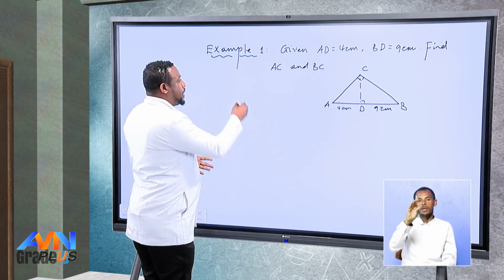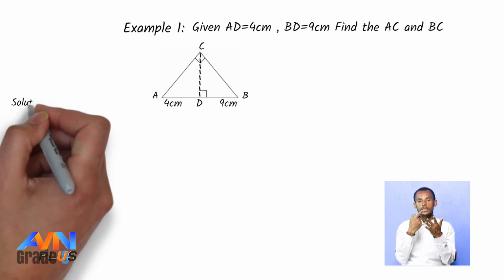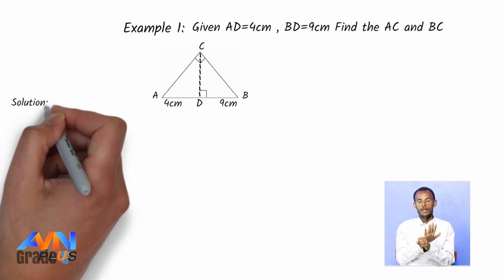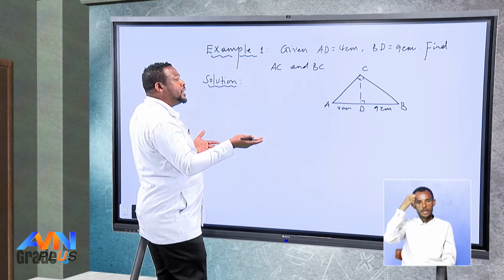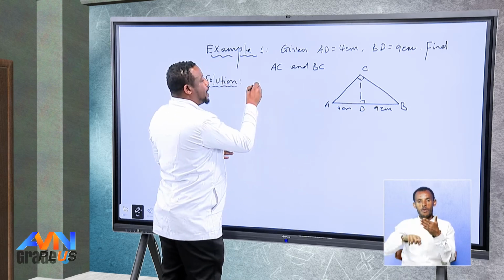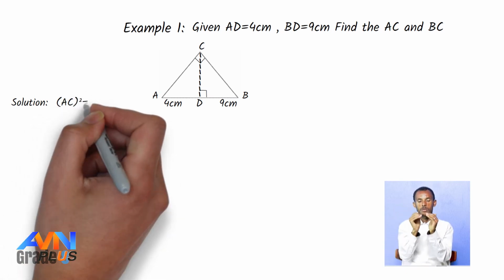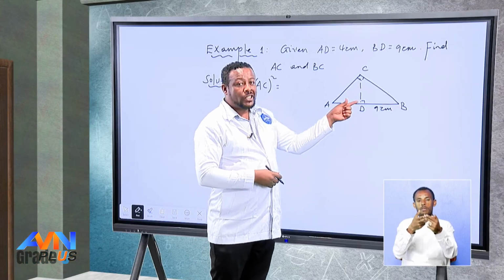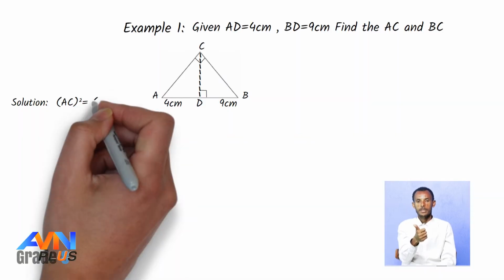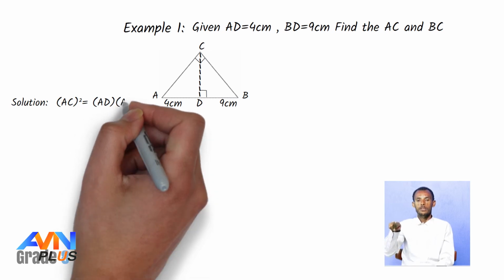So here, since this triangle satisfies the statement in Euclid's theorem, you can take the squared value of one of the legs, AC square, is equal to the product of the adjacent side, AD, times the hypotenuse, AB.